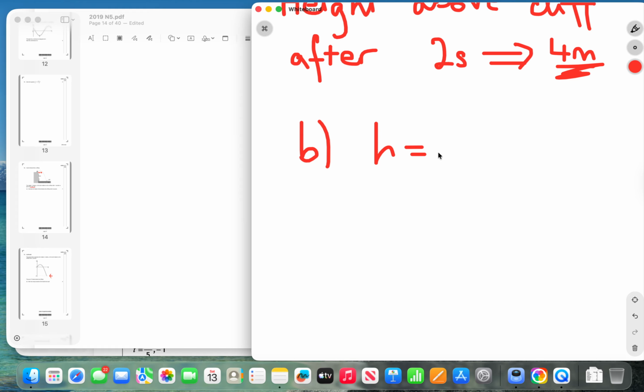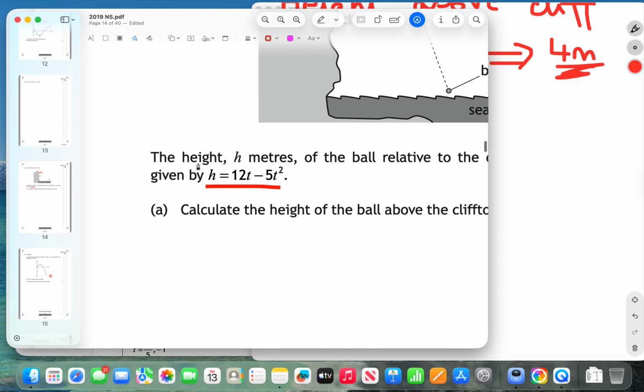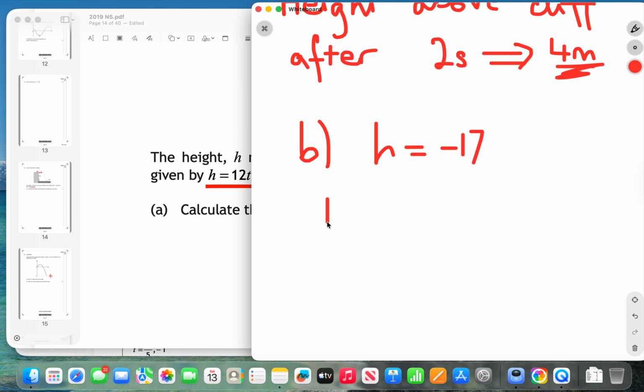So h is minus 17. And we have to find the value of t, with the value of t being the number of seconds after it was kicked. So we then can say 12t minus 5t squared equals minus 17.